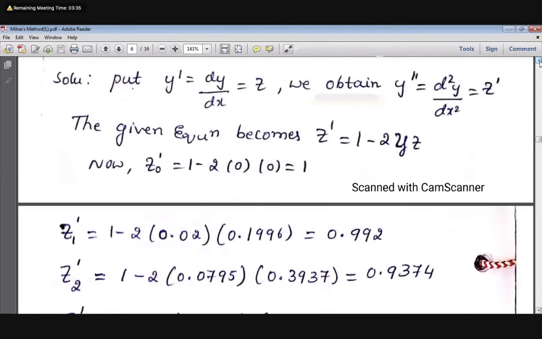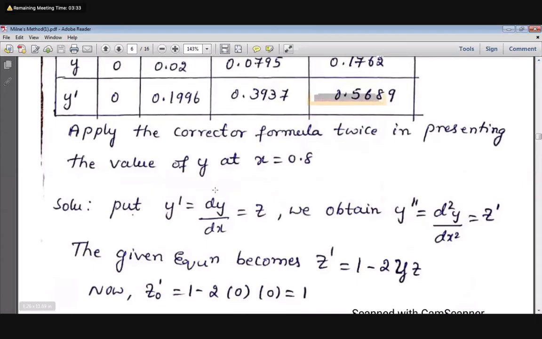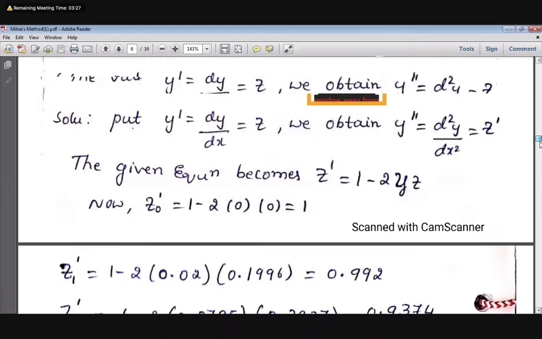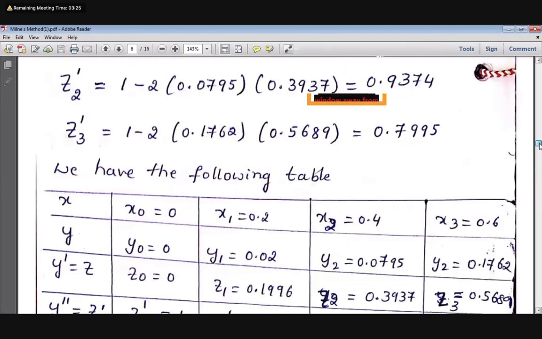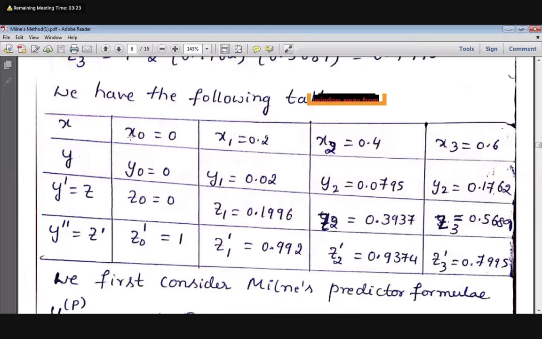First write this: put y dash equal to dy by dx equal to z, y double dash equal to this much. Then write this table. Write x naught, x1, x2, x3, y naught, y1, y2, y3, sorry, this is y3, not y2, change this.